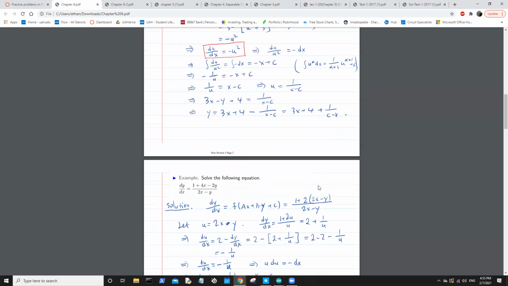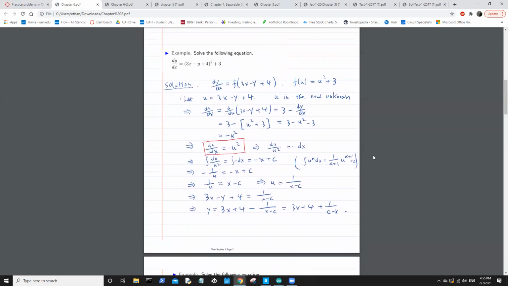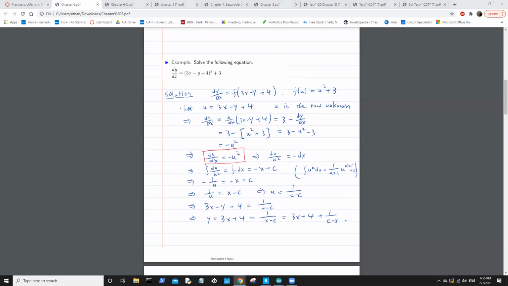Obviously, it'd be best to solve it explicitly, but this one looks a little tricky to do that. Let's see.